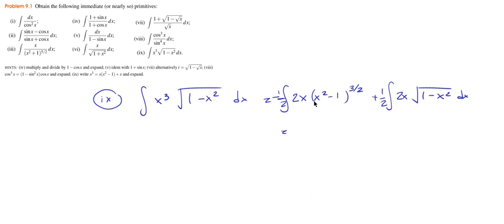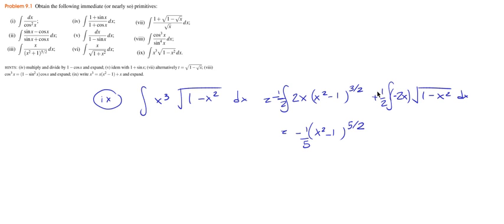Now the derivative of this is going to be this, so this is g to the 3/2. The primitive of this is x squared minus 1 to the 5/2 divided by 5/2, so 2 over 5 divided by 1/2 is minus 1/5, right? And then here we have 1 minus x squared to the 1/2 times the derivative of this, so this is going to be minus, right?